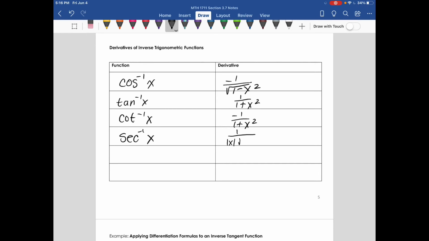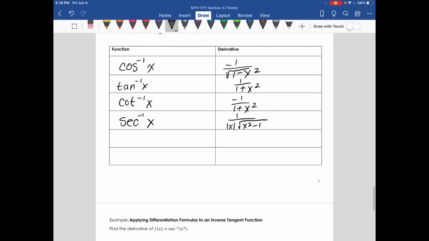I would find that the inverse secant function has a derivative of 1 over the absolute value of x times the square root of x squared minus 1.